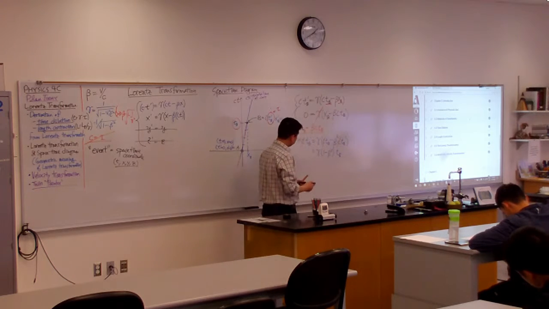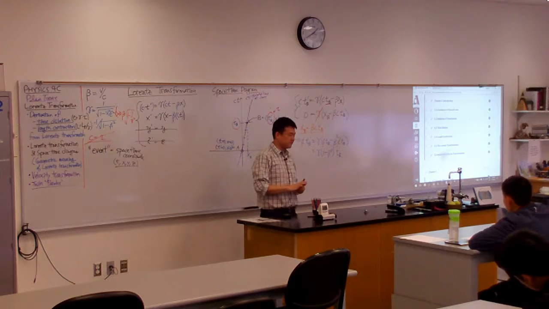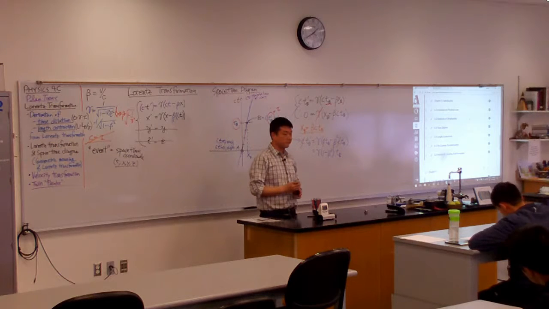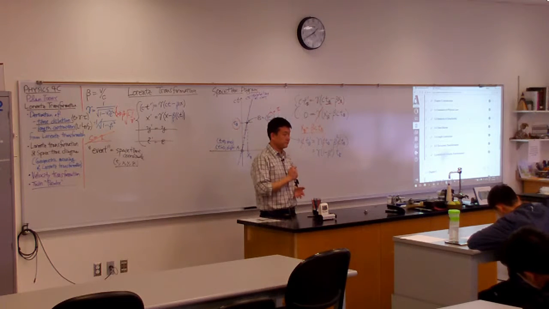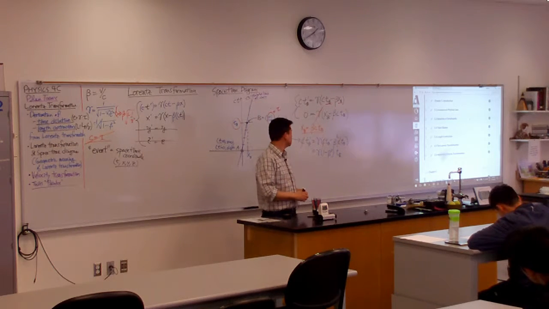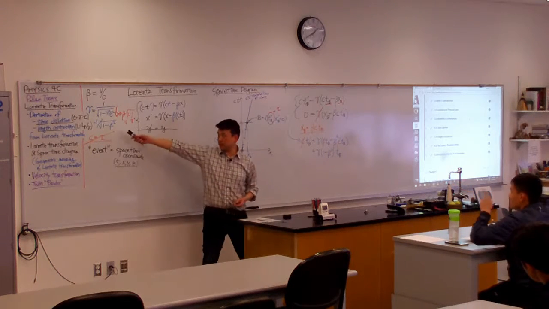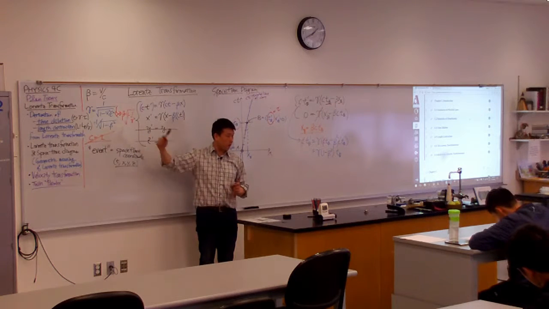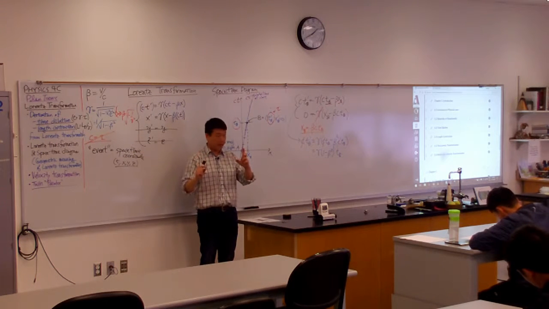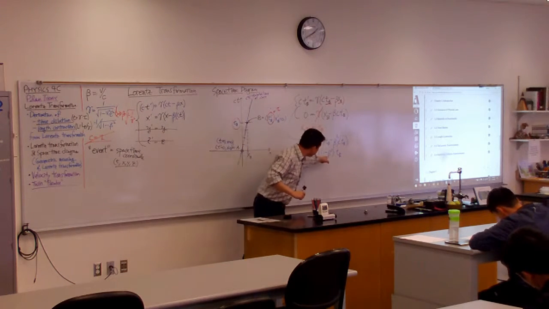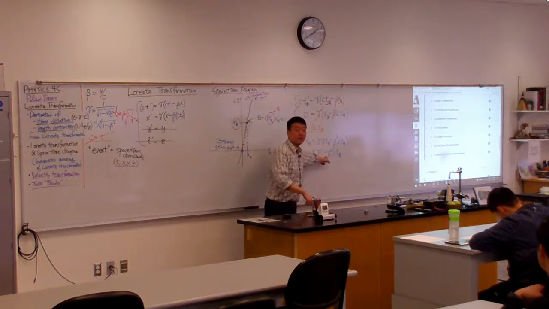Now, only if I could simplify this further. Can I? What is gamma? It's 1 minus beta squared raised to the power of minus 1/2. Well, I have 1 minus beta squared raised to the power of 1.